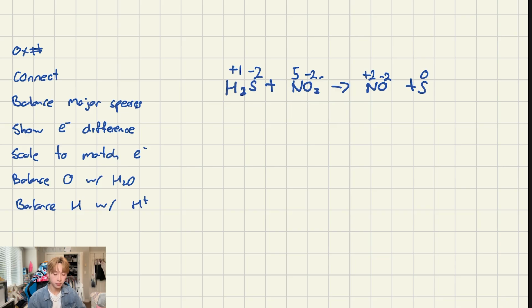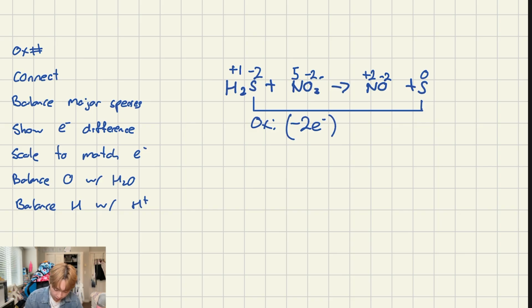Now we find out what went up and what went down in terms of oxidation numbers. Let's start by looking at S. Our S went from -2 to 0. And we know that that's a loss of electrons. So we're going to connect them, and we're going to say this is oxidation, and -2 electrons.